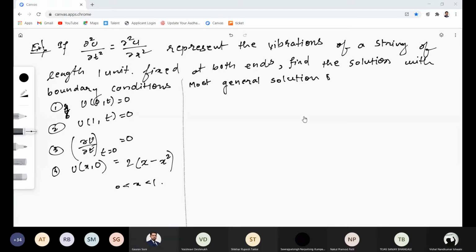Tejas? Look, I'm going to remove you from the meeting if you don't respond. Be quick. What's the most general solution? Ruturaj, not there? Okay.